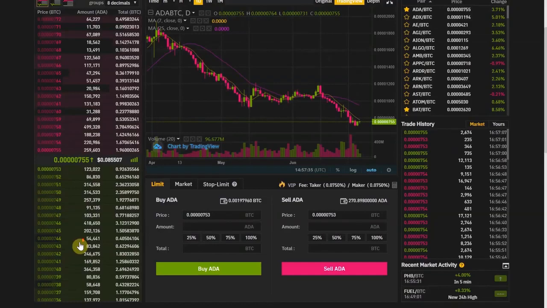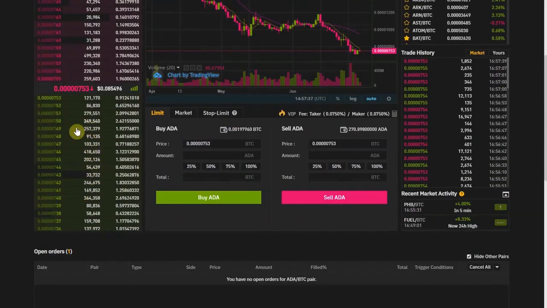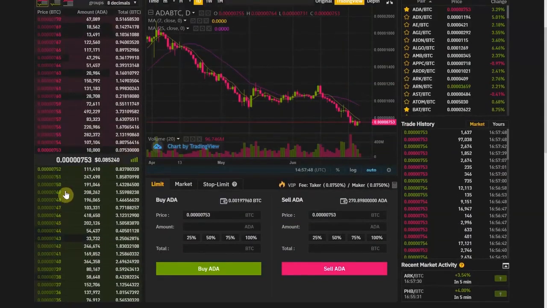And over here, you guessed it, it's the buyers, and the buyers want to buy at the lowest price possible. That's how markets work. And you can see that the numbers go in an opposite direction. So this is the highest bid for Cardano, and this is the lowest ask for Cardano.